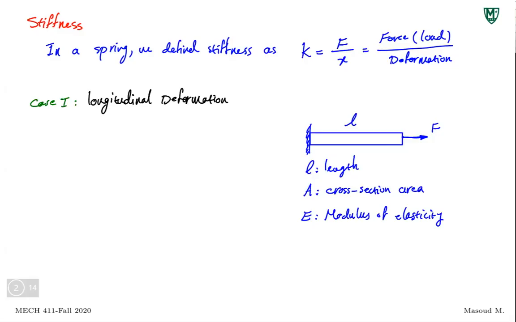Now, hopefully you remember that when we apply this force, in this case, let's say I'm pulling it, a tension force, we're going to see some change in length. Depending on what material it's made of, that change can be a lot or can be small, depending on how strong or how stiff the material is, depending on what the modulus of elasticity is.